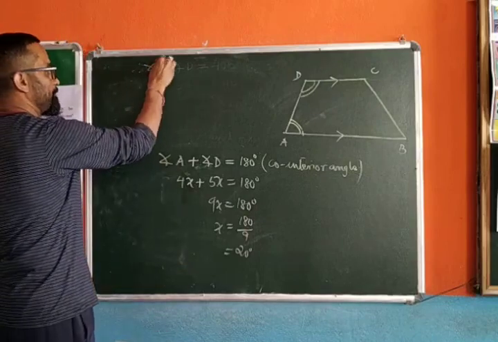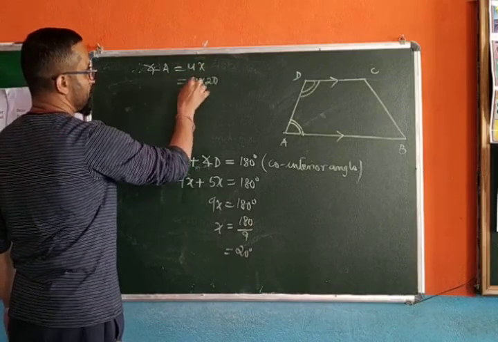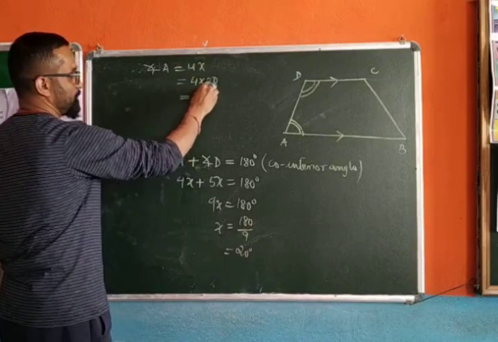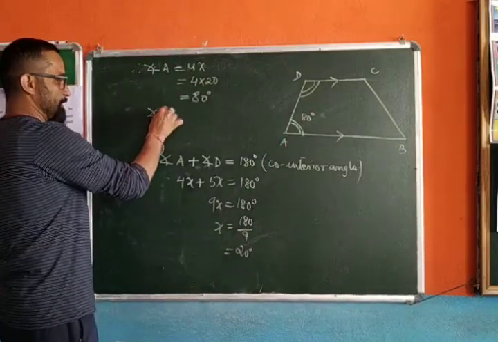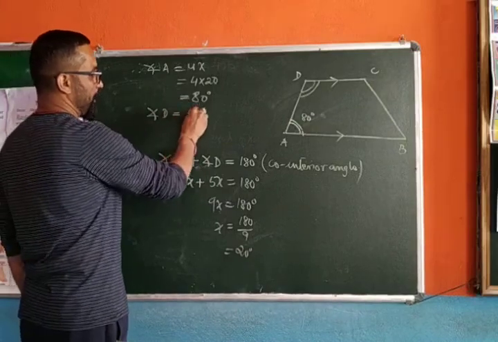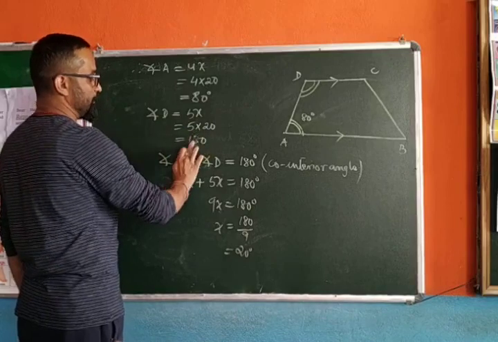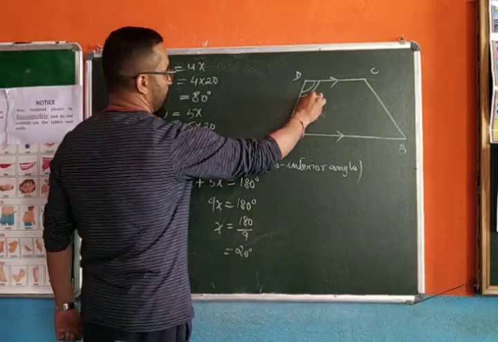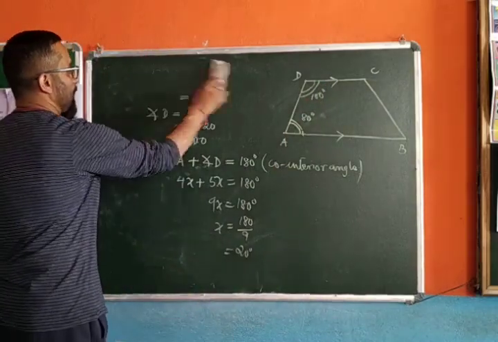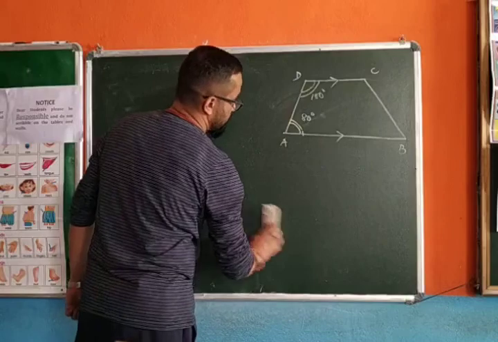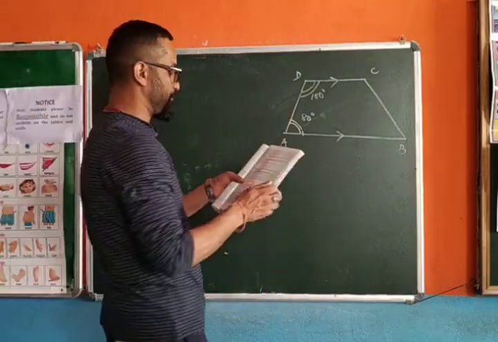Therefore, angle A is 4x, 4 into 20, which is equal to 80 degree, right in the figure. Angle D is equal to 5x, 5 into 20, which is equal to 100 degree. You know the value of B and C. So write down these two values in the figure.